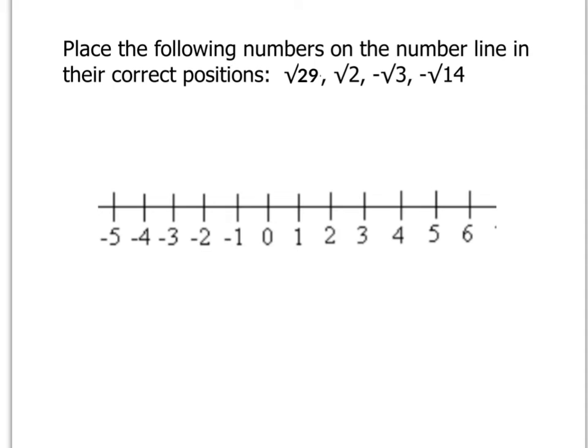All right, take a minute, copy down this number line, and then we're going to place those 4 square roots. So the first thing we want to do when we have a number line and we're placing square roots is write our perfect squares underneath our integers, just like we did before. So the square root of 4 is 2.